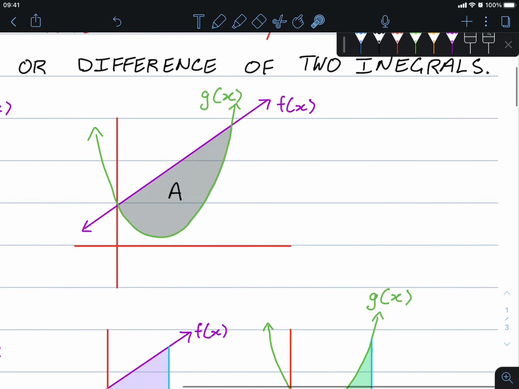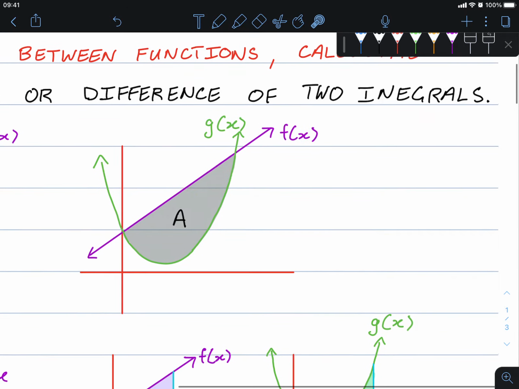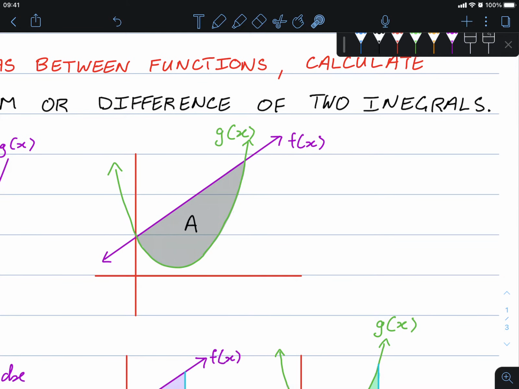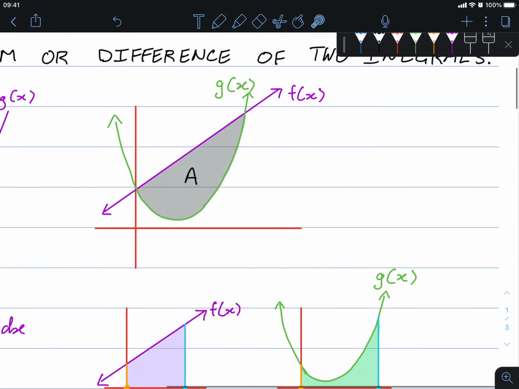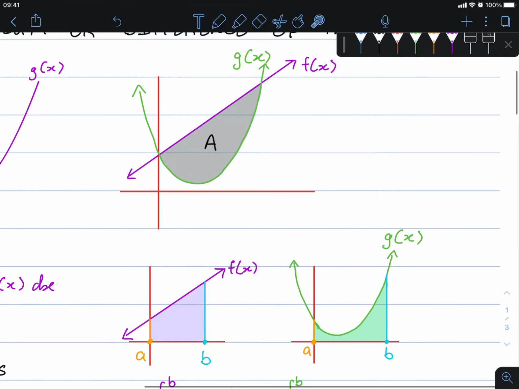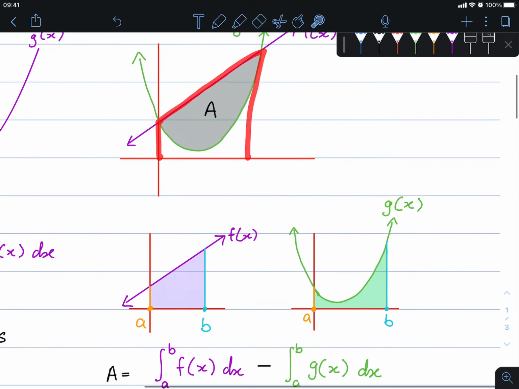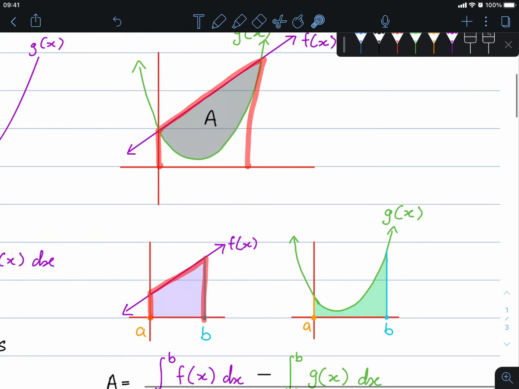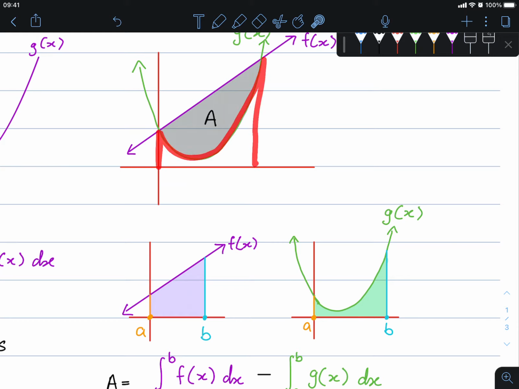If it's the area between two integrals, we need to first find the point of intersection, and notice how if we find the area below the straight line, so this area here as shown here, and from that we subtract the area below the parabola as shown here.